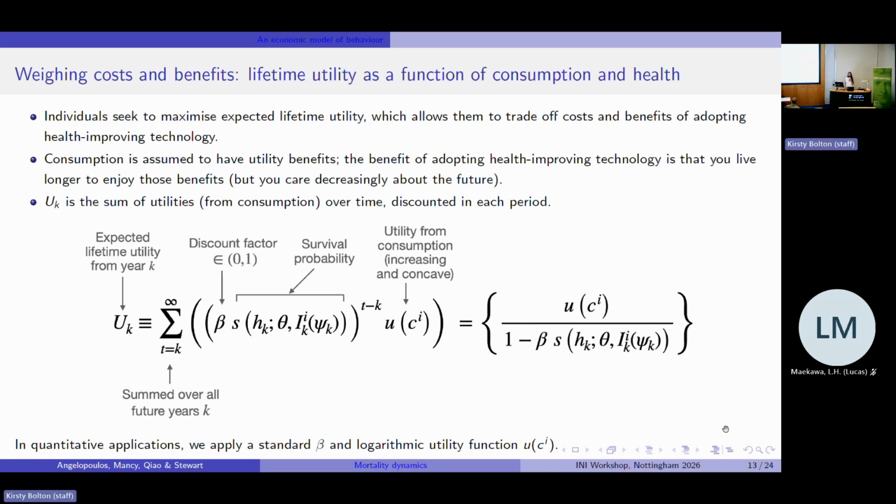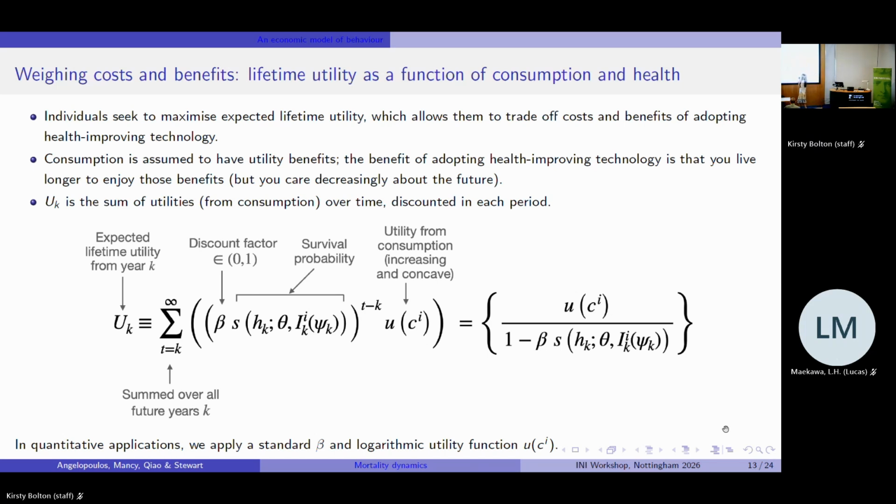Now, that's all very well, but how does an individual actually decide how they're going to make that decision? How are they going to adopt or not? So, as a standard assumption in economics, individuals seek to maximize their expected lifetime utility, and that allows them to do that trade.